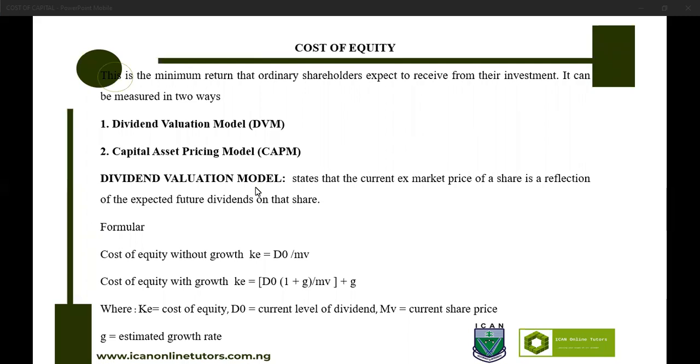Or if it is a cost of equity with growth, that is, if there is growth in dividend, we make use of the formula with growth. And the formula is KE equals current dividend times (1 plus g), divided by market value of equity.